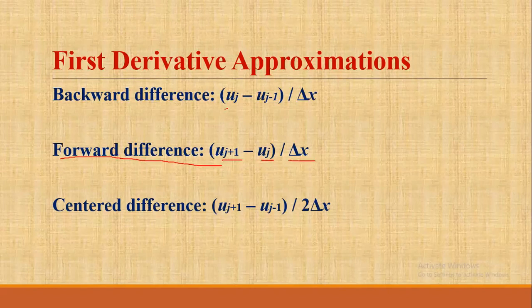Backward difference is (uj minus uj-1) upon delta x. And the central difference is (uj+1 minus uj-1) upon 2 delta x. These are all first derivative approximations: forward, backward, and central difference.